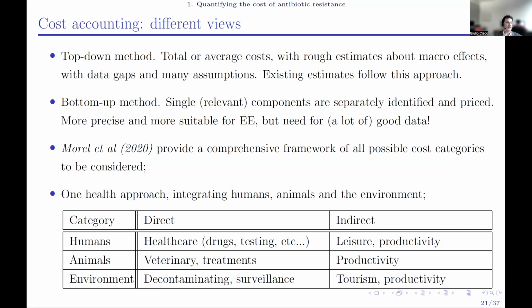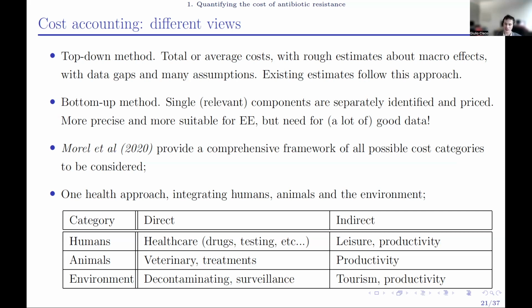This method, called the bottom-up approach, is apparently better because in this way we are considering all the cost items and all the components in the cost, so we can identify them and then put a unit cost on all of them. I'm giving you an example.